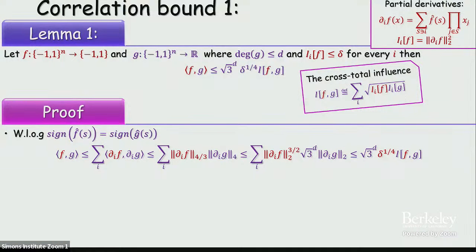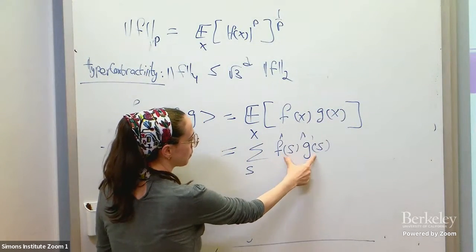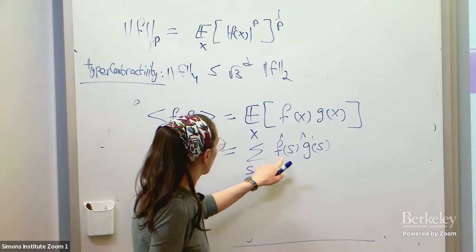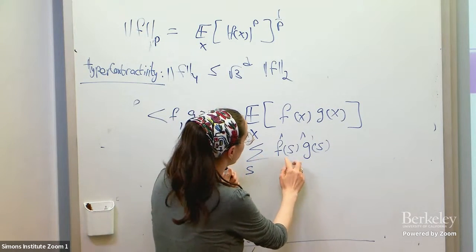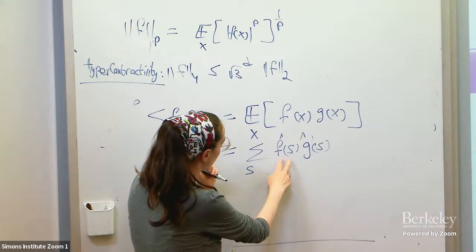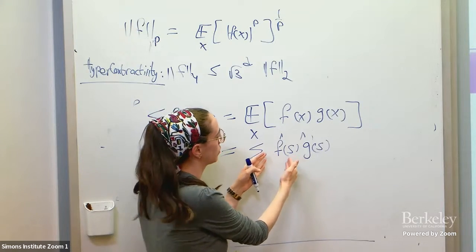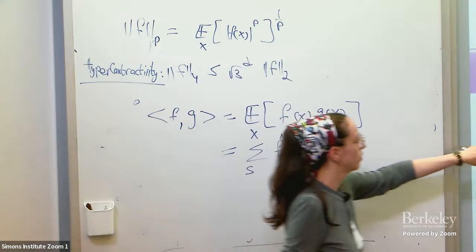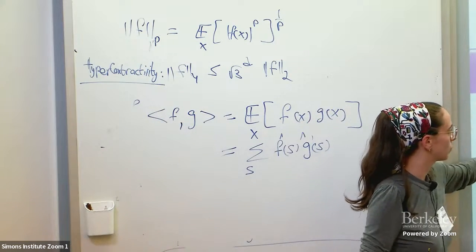So if we think about the correlation of the functions f and g as the summation over the characters, we can see that we might allow ourselves to count characters more than one time if we assume that all the signs are the same, so all of them are positive.